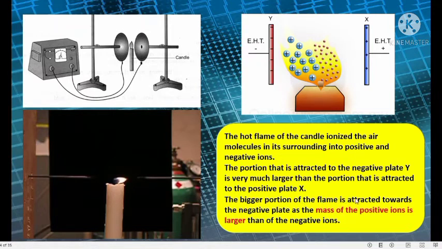The bigger portion of the flame is attracted towards the negative plate as the mass of positive ions is larger than that of the negative ions. That means the positive ions will take a larger portion of the flame as compared to negative ions. That's the reason why a larger portion of the flame is attracted to the negative plate compared to the positive plate.